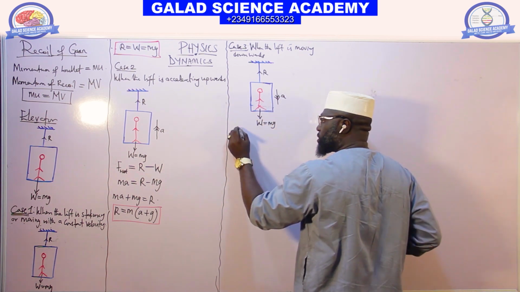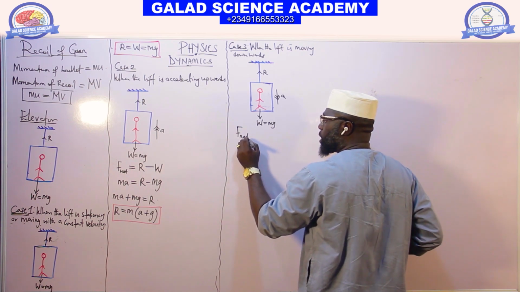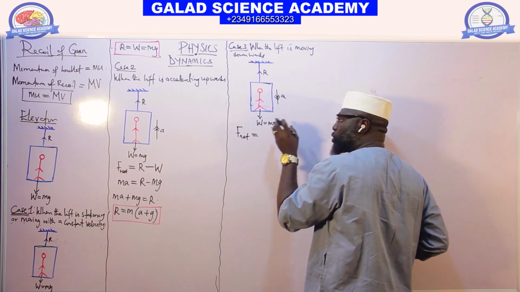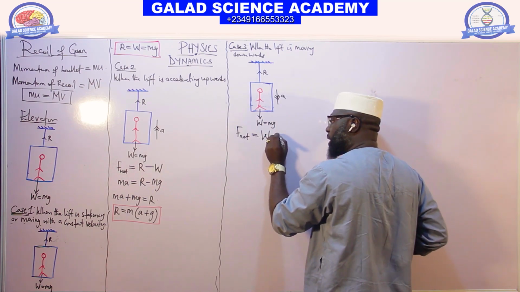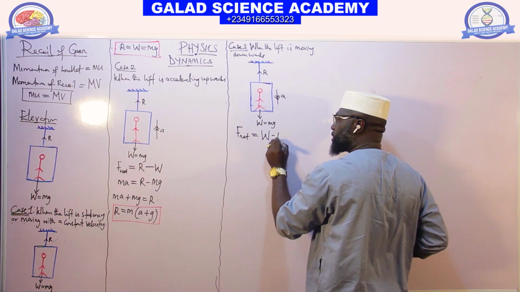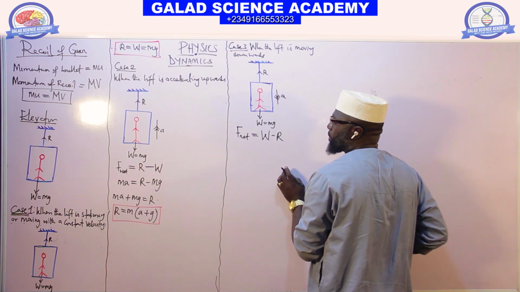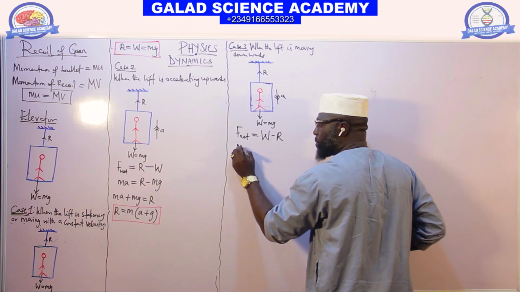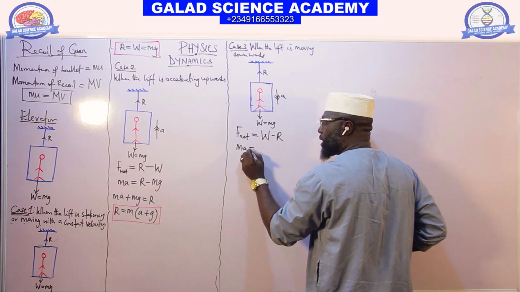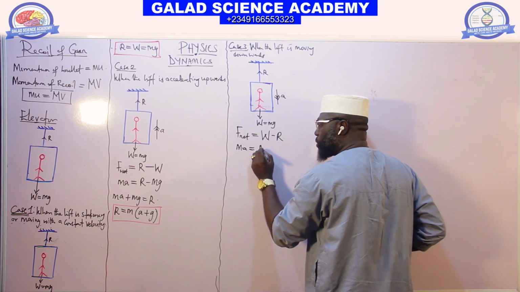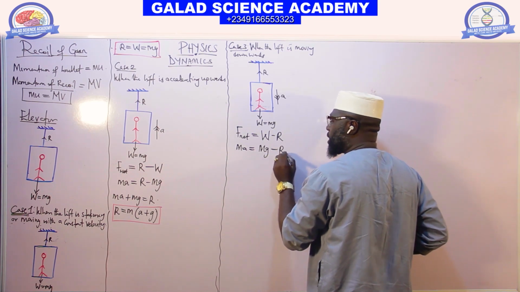The net force will be, this time around, the weight is greater than R. We now have weight minus R, which is ma, this a. Weight is mg, so mg minus R equals ma.